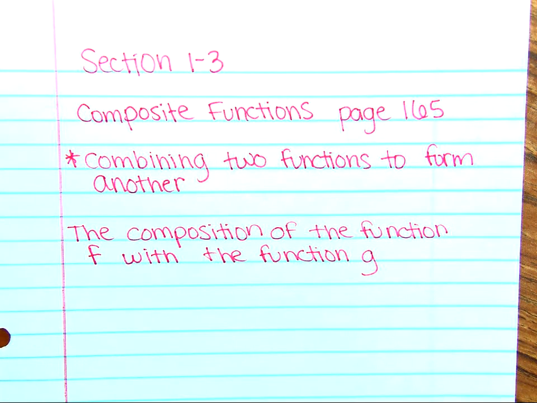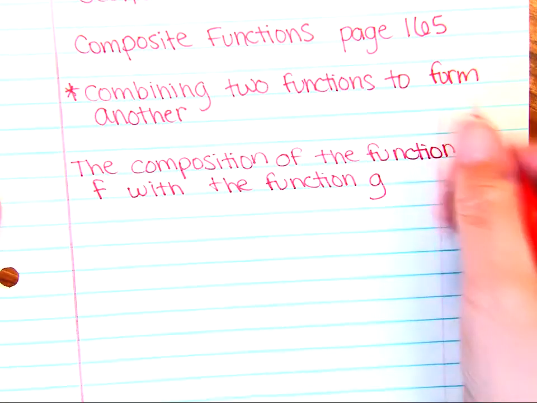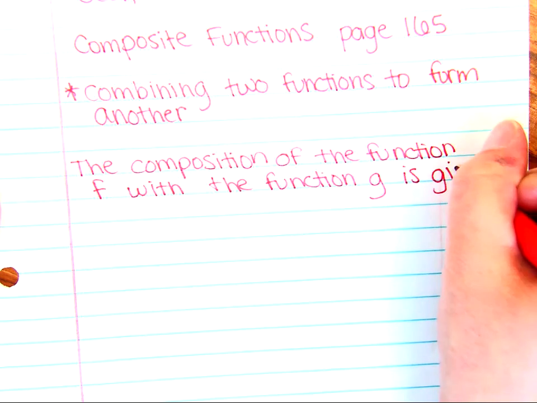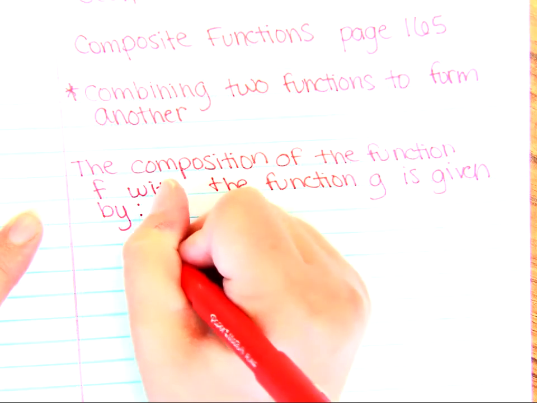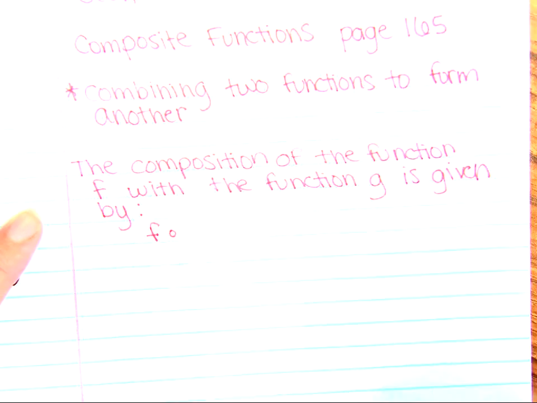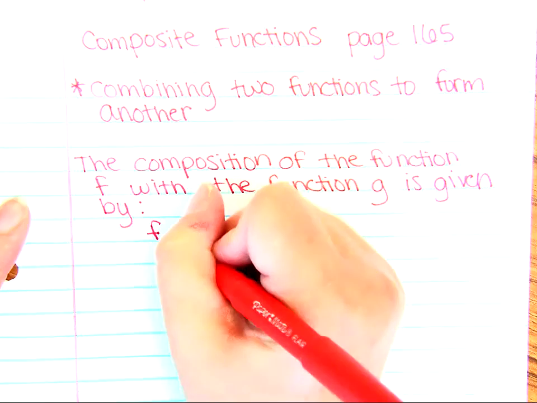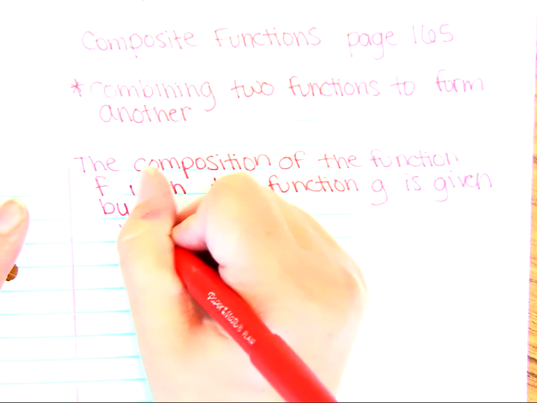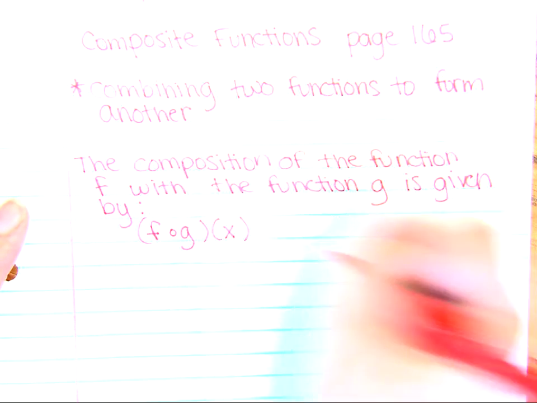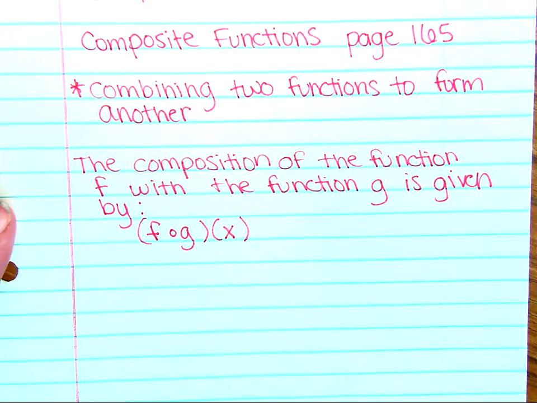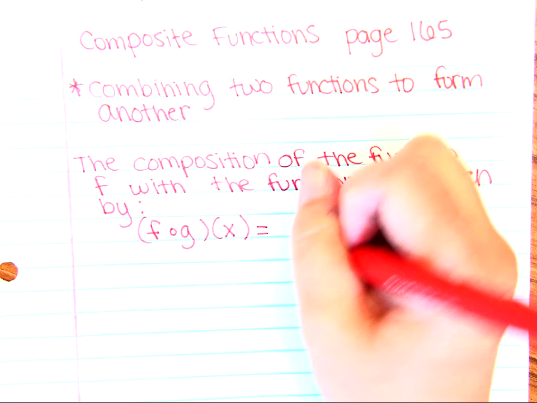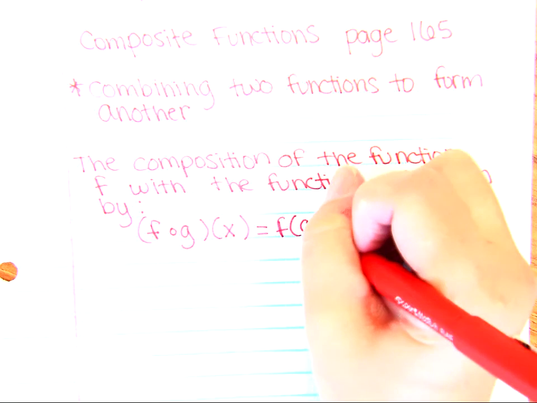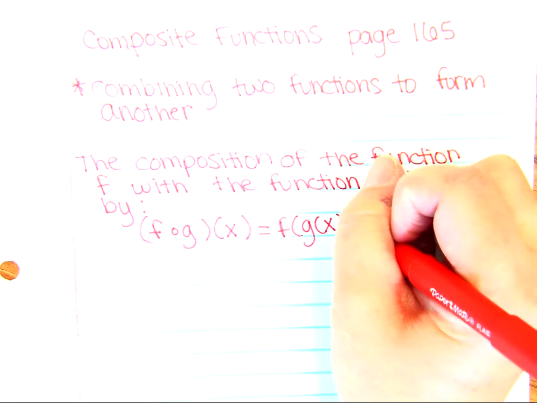So we're going to compose f and g that is given by, so this is just some notation. It looks like this, f, and then this open circle composed with g of x, and that's just the notation that we use. It also looks like this, f of g of x.